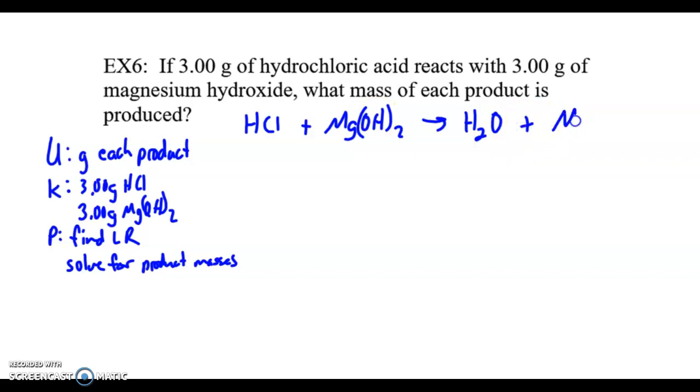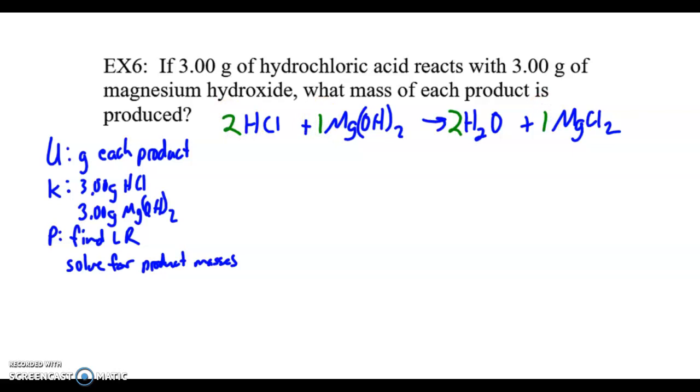And magnesium chloride, MgCl2. There would be some balancing here that we need to do, so let's give that a try. If I throw a 2 there and a 2 there, I think that fixes everything that needs to be fixed.